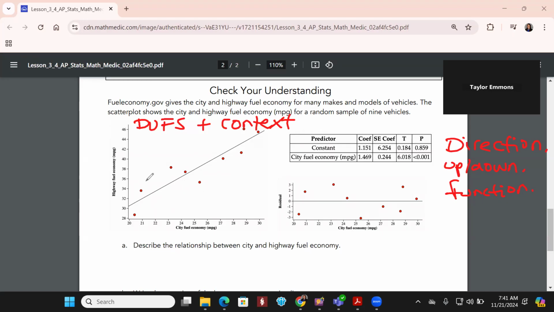So what we're going to say is this is moderately strong. Is it positive or negative? Good. Is it linear, quadratic? Is it linear or not linear? Linear. Following that trend, right? It's close to that line.